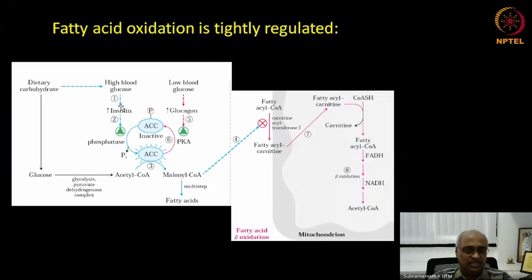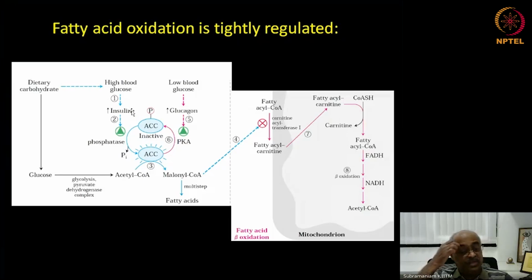So now let us follow the path of insulin. So this high blood glucose triggers insulin secretion by the beta cells of the islets of Langerhans in the pancreas. Yesterday we were talking about glucagon and I told you it's produced by alpha cells.